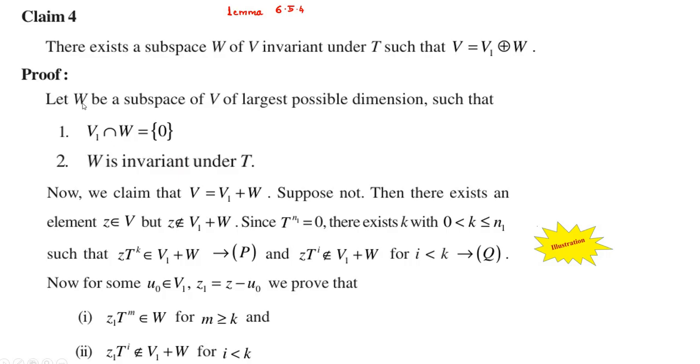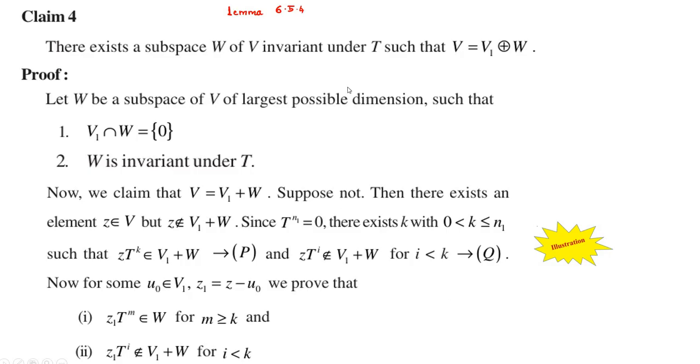So whenever you consider W to be of largest possible dimension, which is a subspace of V, the intersection of W with V1 should be singleton 0. What is told about W? It's a subspace of V with the largest possible dimension.